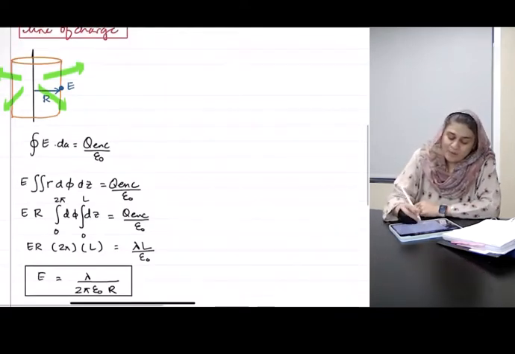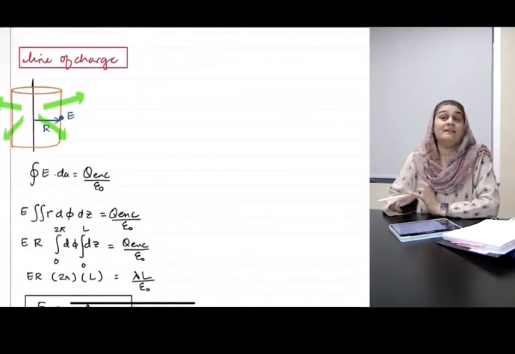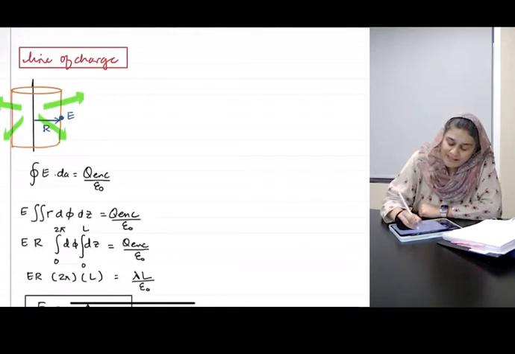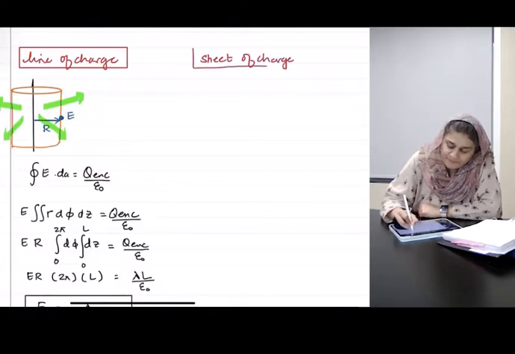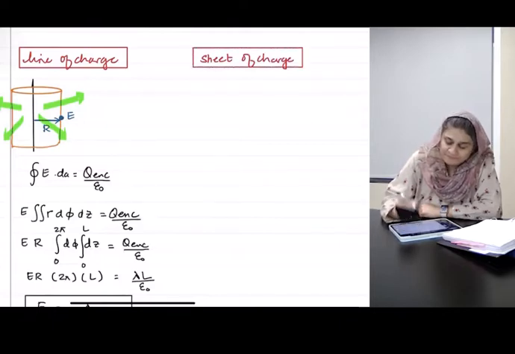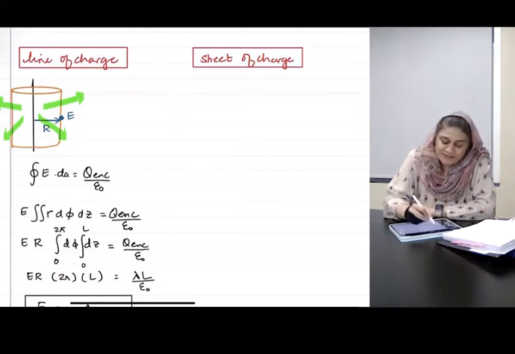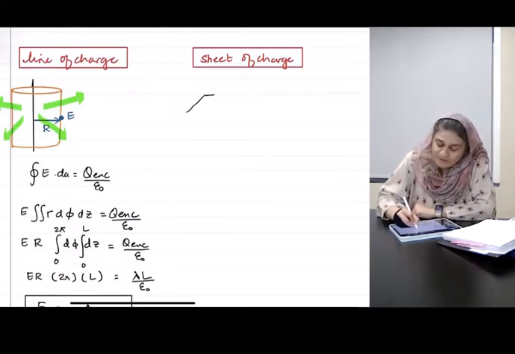Excellent. Now, what if instead of having a line of charge, I actually had a sheet of charge? My sheet of charge will look something like this.